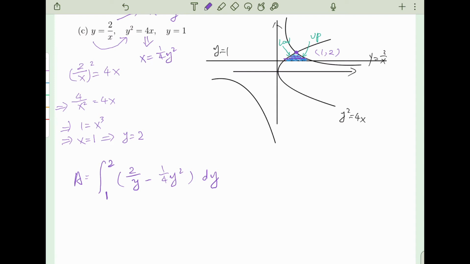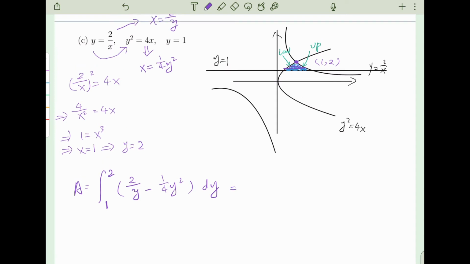Skip the computation. The answer is, what is the answer? Look up the solution. The answer is complicated.